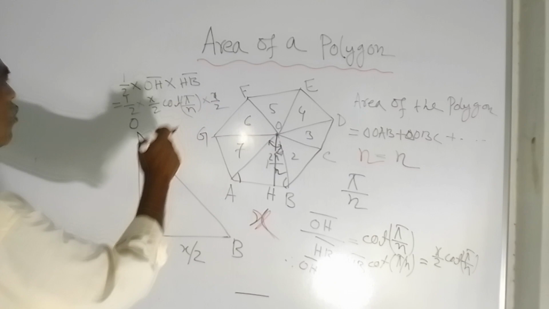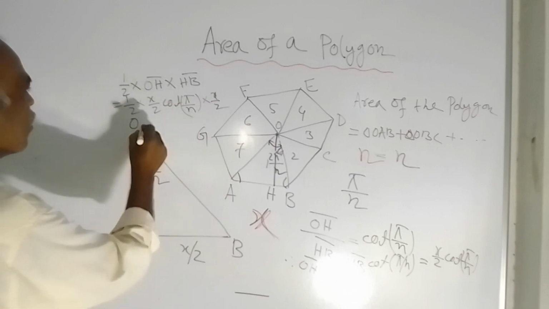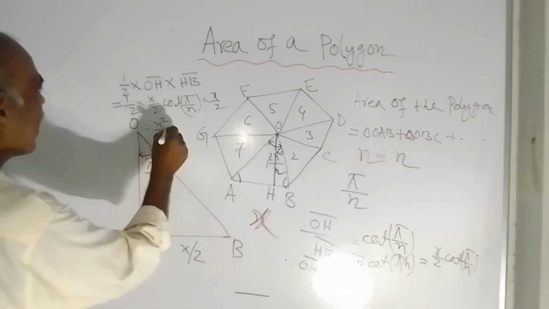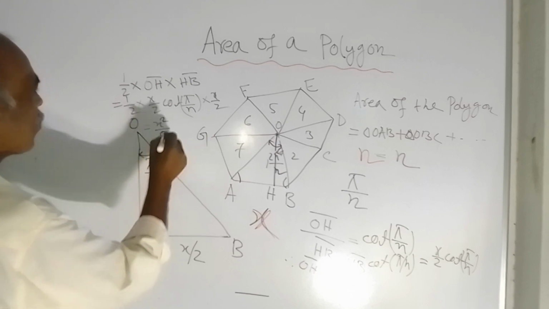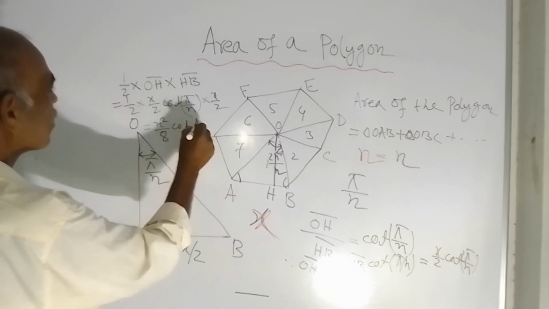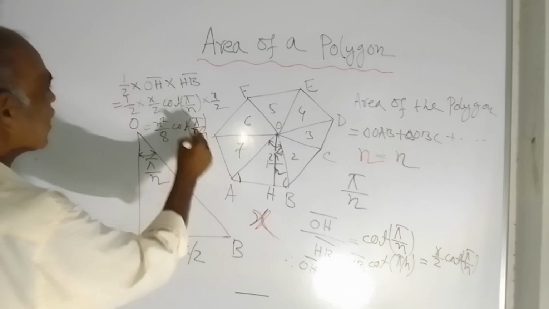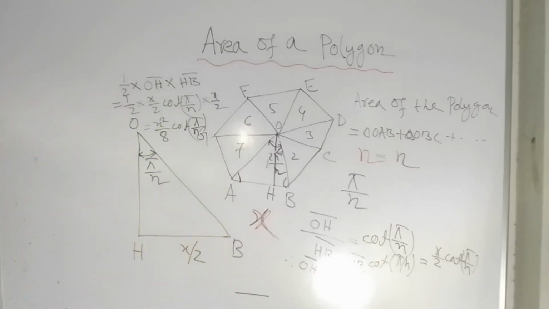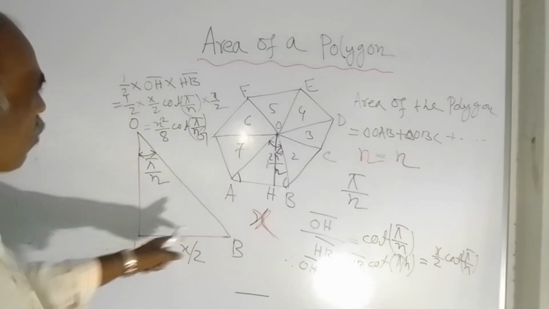So x by 2 times x by 2 is x square by 4, and with the half, this is x square by 8 cot pi by n. This is the area of this triangle.